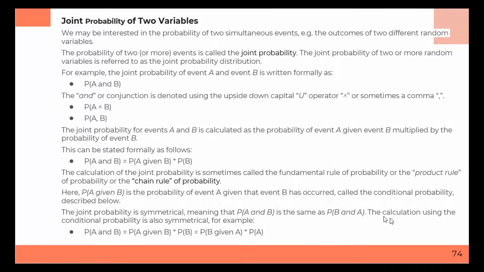Same mirror image. The calculation using the conditional probability is also symmetric. Like if you do it like this or like this, both will be the same. Here we are giving A given B. Here we are saying B given A.